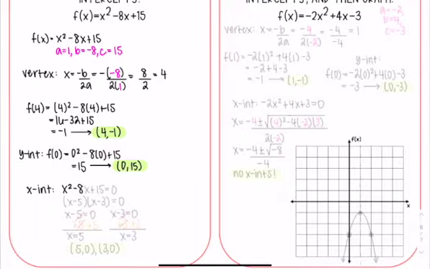So x squared minus 8x plus 15 equals 0. This can be factored as x minus 5 times x minus 3. So setting each piece equal to 0, we get x minus 5 equals 0, and x minus 3 equals 0. And so adding 5 to both sides, we get that x equals 5.